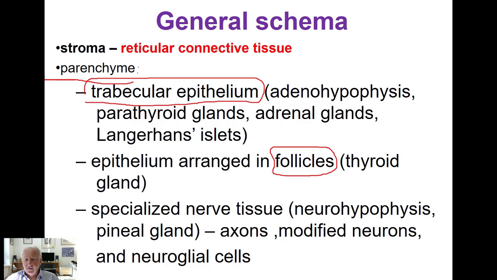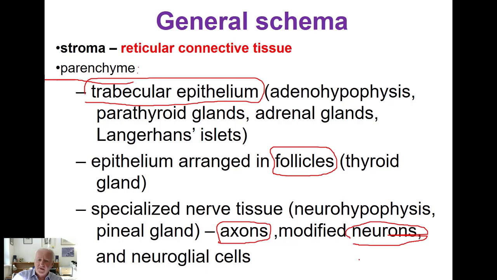And of course, a part of the hypophysis is the neurohypophysis, where we will see axons from neurons, and around those axons are also neuroglia cells called pituicytes. In the epiphysis, we will see modified neurons which can produce a hormone, and of course neuroglia cells are also present in the pineal gland.